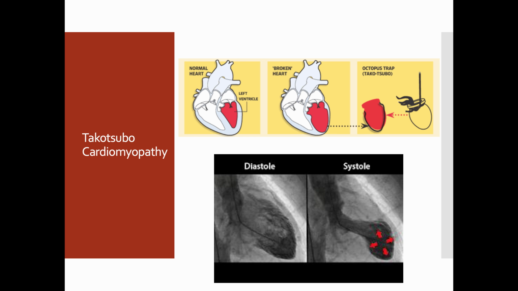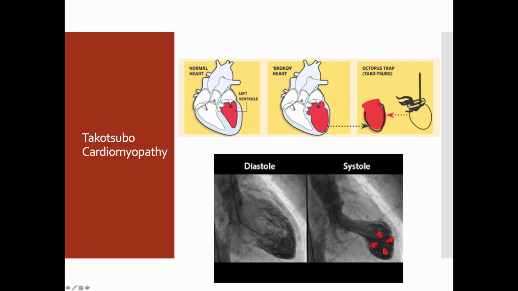This used to be referred to as the catecholamine-induced cardiomyopathy, and then somebody decided that we should call it Takotsubo cardiomyopathy, which Takotsubo actually stands for, in Japanese, octopus trap, and it makes the ventricle look like an octopus trap, as you can see here in this systolic frame.